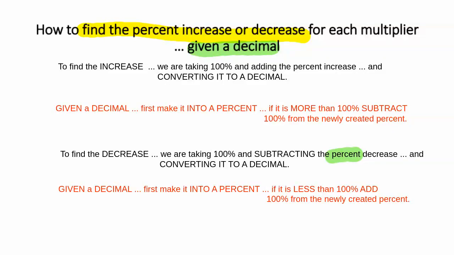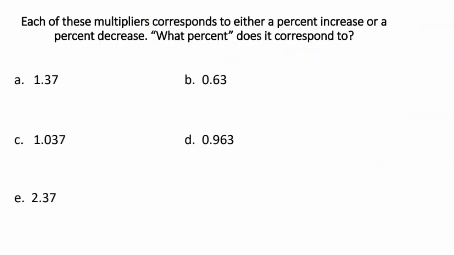Okay? Now, let's look here. Okay, I have the decimal this time. Each one of these problems is a decimal. Now, I have 1.37. Step 1, make into a percent. Okay, well, by making it into a percent, I now have 137%.